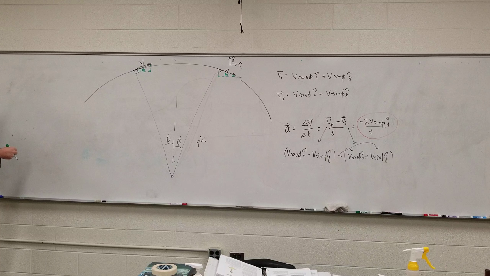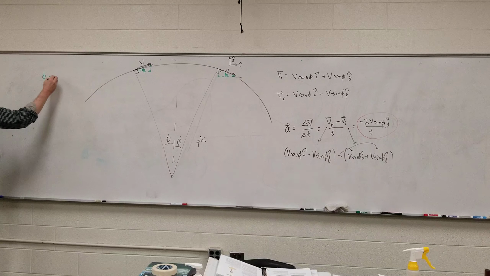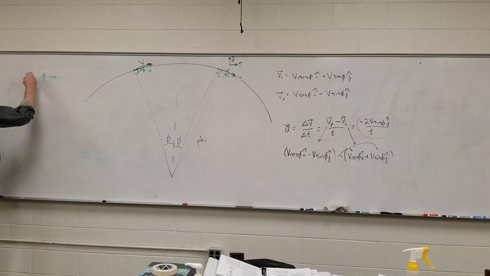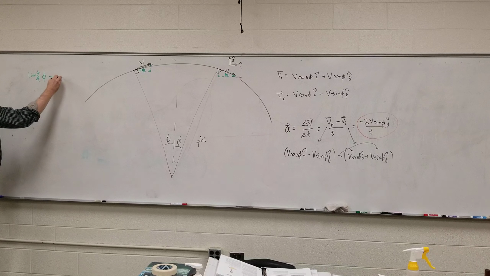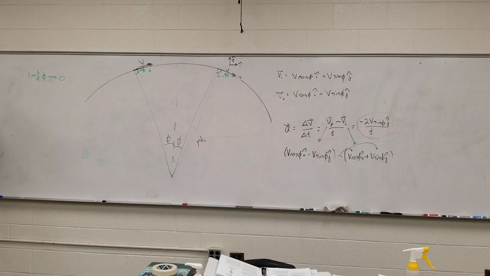Number one, we're going to let phi become really small. In math speak, the limit of phi as it approaches 0. We're not saying phi is equal to 0, we're just saying phi is incredibly tiny.